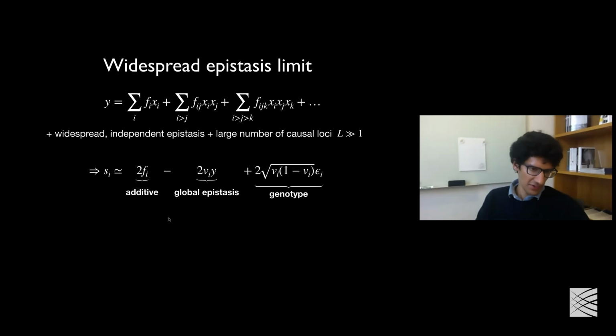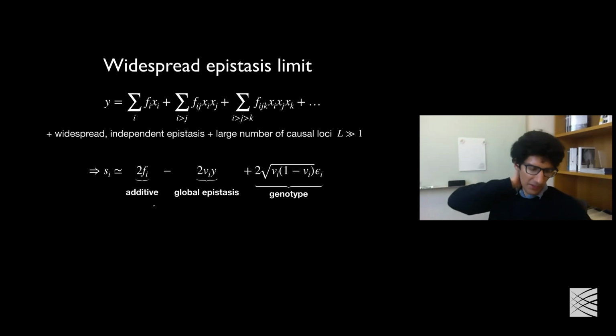First is a constant, the additive effect of the mutation. The second is the linear trend that I was showing you before. And the third is a genotype-dependent term that turns out to be a Gaussian random variable.